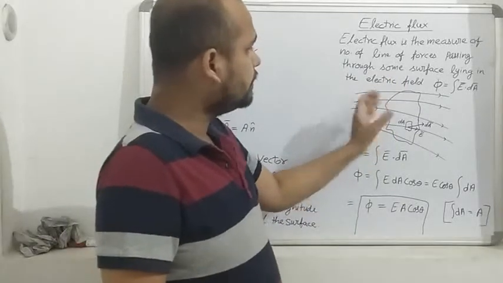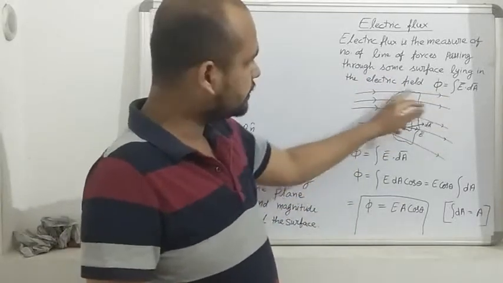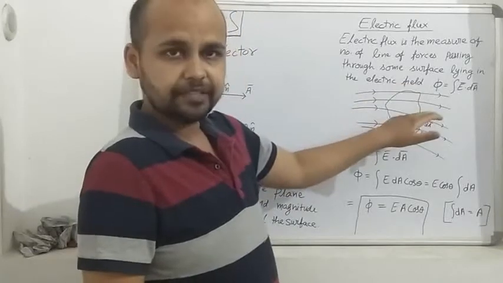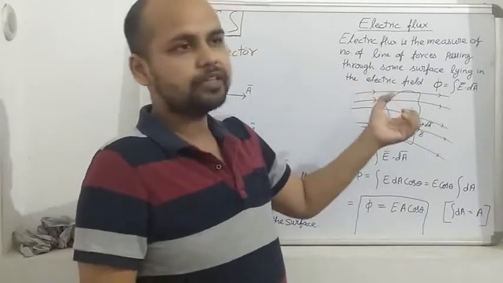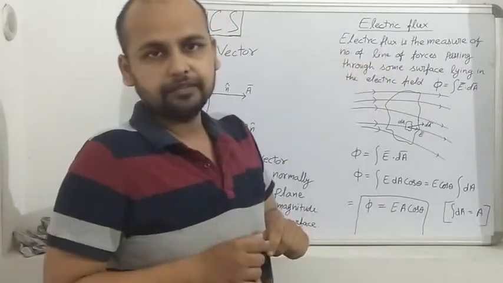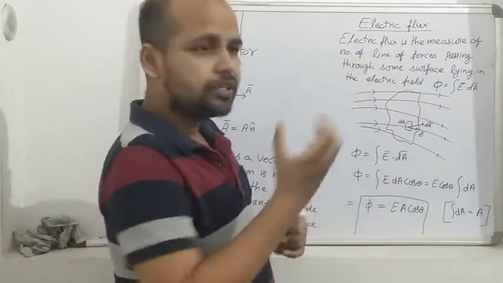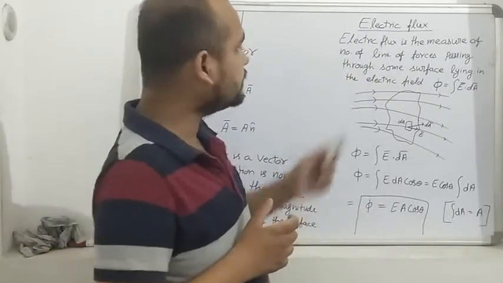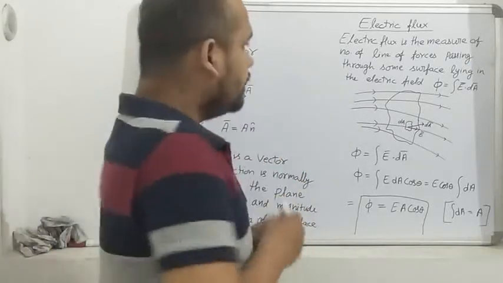Then how many line of forces are passing through this surface? The measure of those line of forces is only known as what? Electric flux.